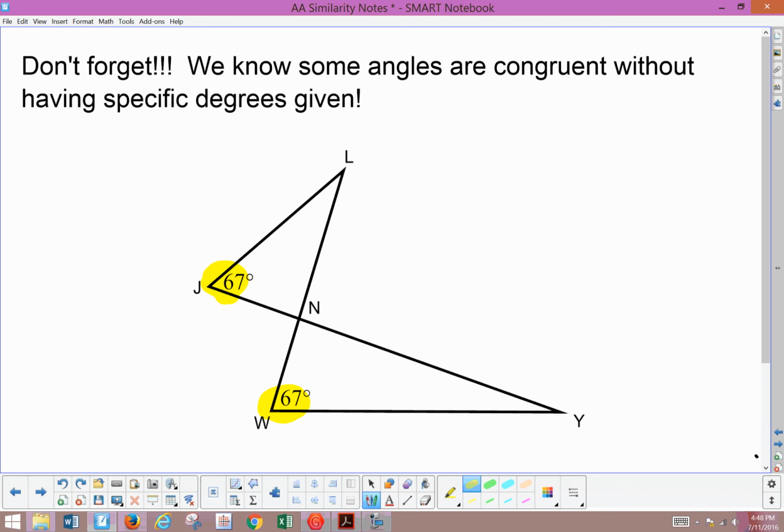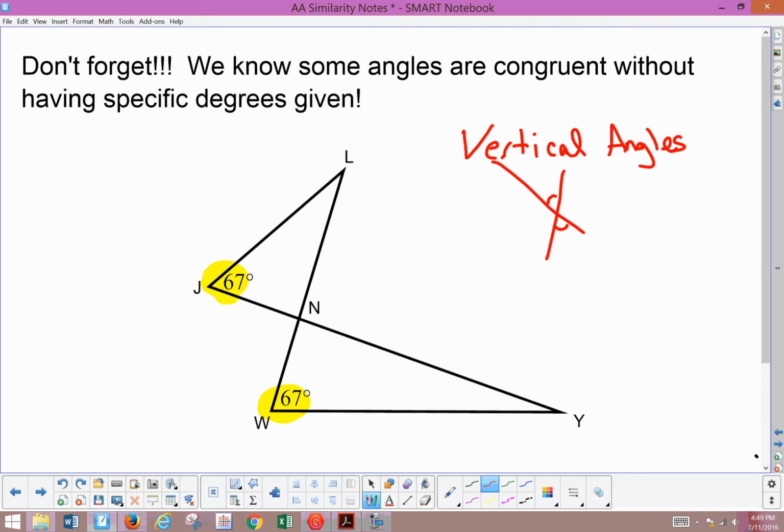However, I do see another angle relationship that we reviewed yesterday. It's called vertical angles. Remember, vertical angles are created when two lines intersect. And when two lines intersect, the vertical angles are opposite of each other at the intersection.